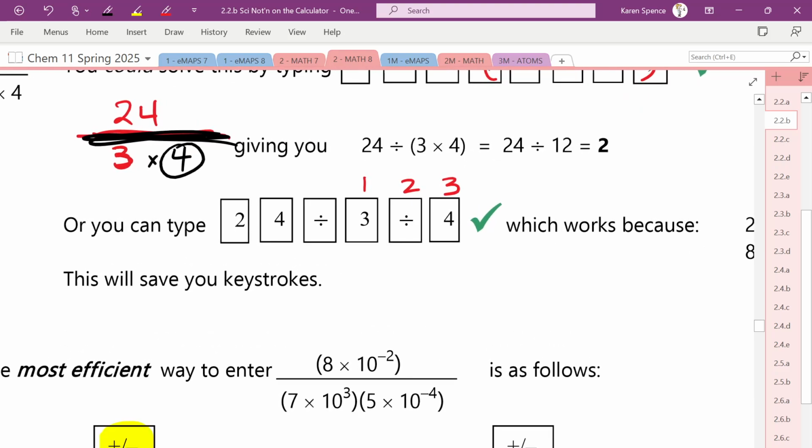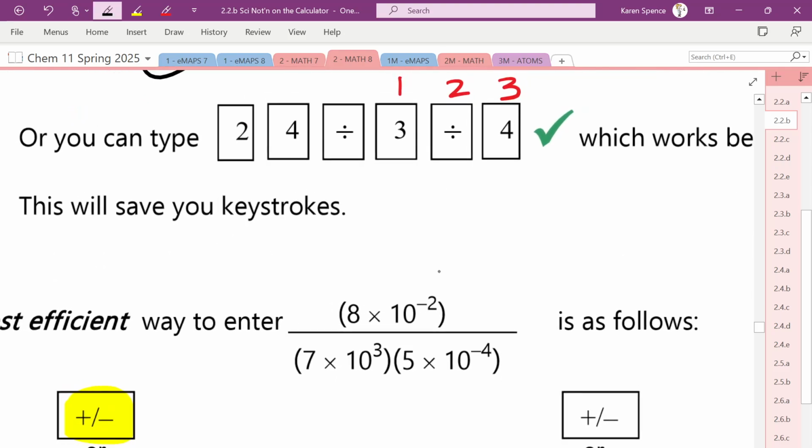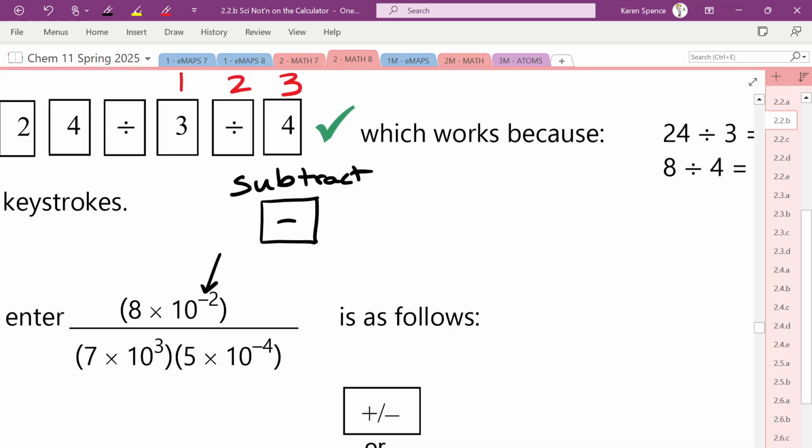Now, just before we get into things with negatives, you need to know the difference between this button. What does that button mean? Subtract. It doesn't mean minus, it means subtract. There is another button on your calculator somewhere. It's either going to look like this, or it's going to look like this.